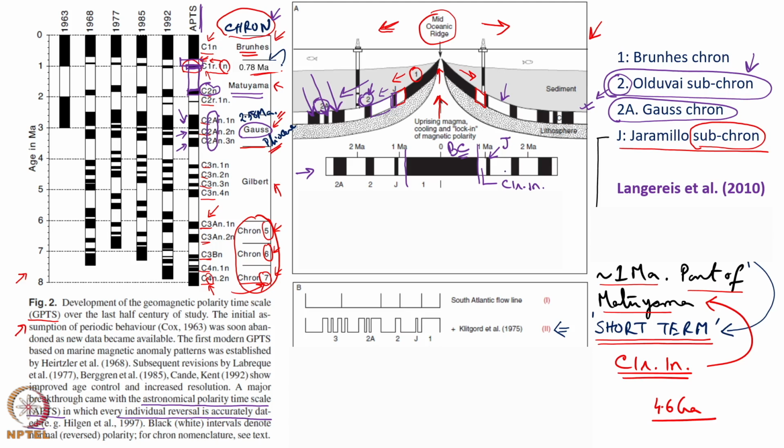Then comes this white region, which is comparable with this region, and similarly you can correlate this rectangle with the APTS. One way of presenting this information is given here. Here Chron 1 is presented in this way. Here is the Jaramillo. Here C2 is presented. This represents C2A, and here is C3, and so on and so forth.